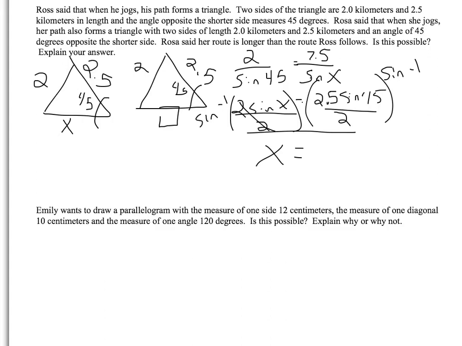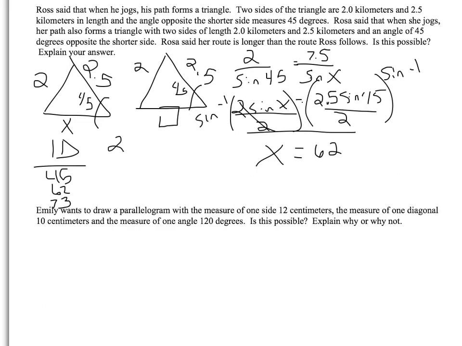When you type it in, you end up getting 62 degrees. So, is it possible to make a first triangle with an angle of 45 and 62? The answer is yes. The third angle would be 73.